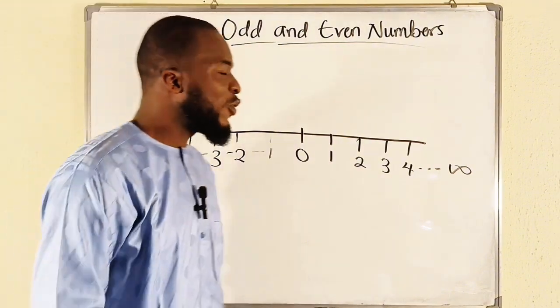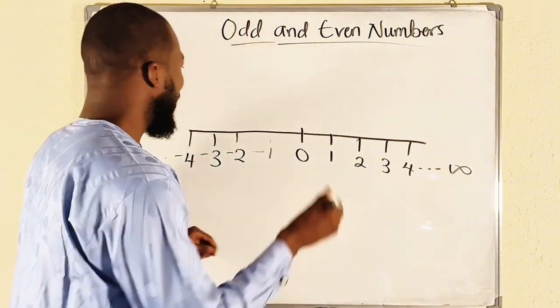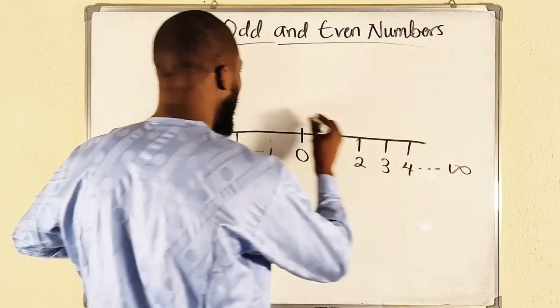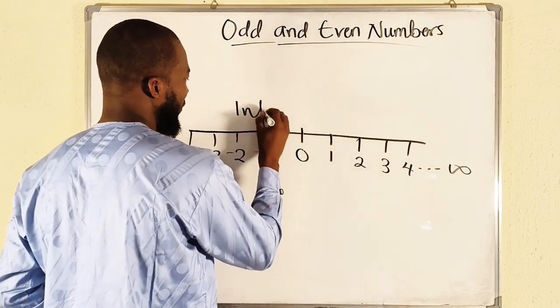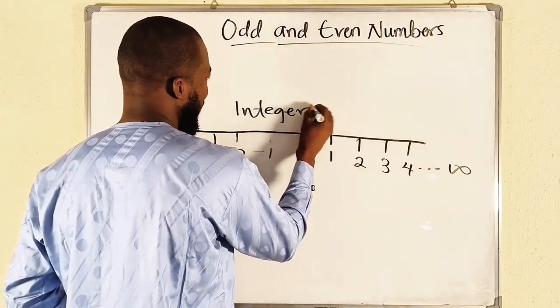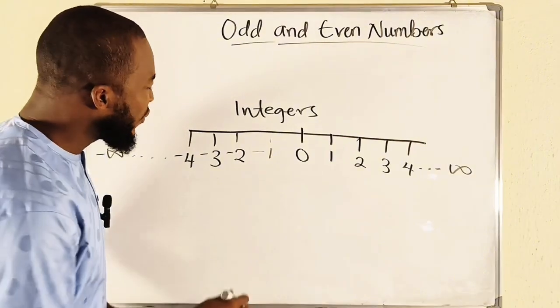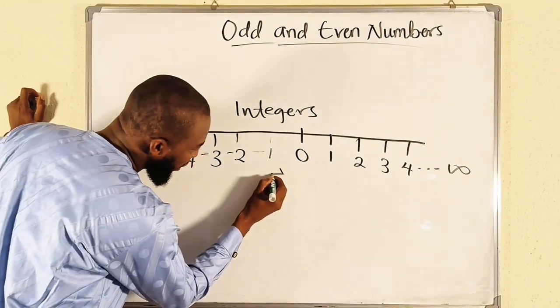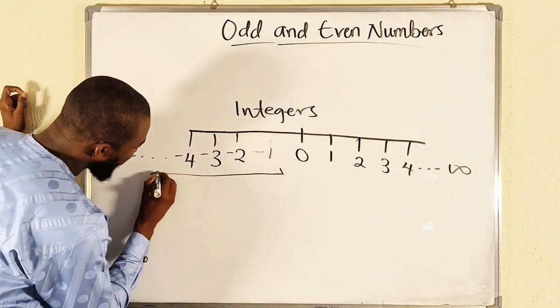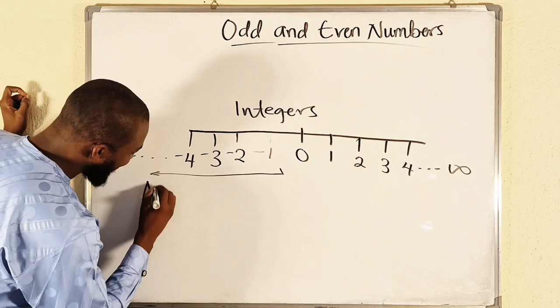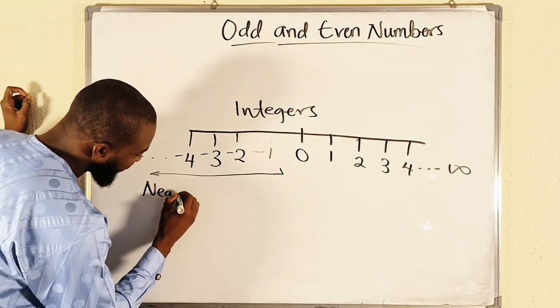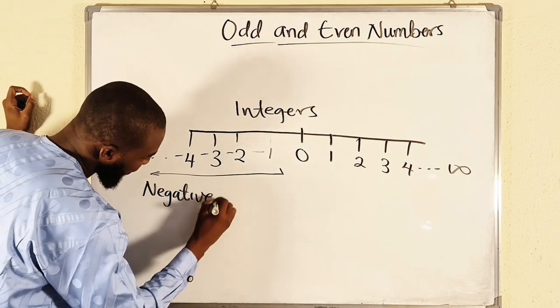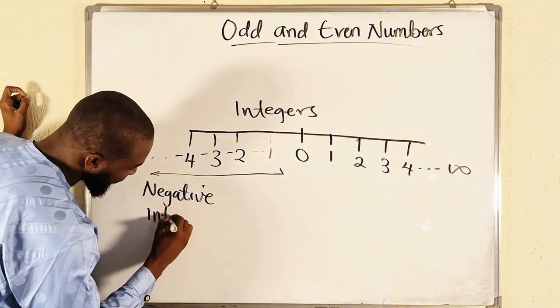Okay, so remember I told you that all what you are seeing here is what? Integers. And I told you that from this -1 to the left, all these numbers you are seeing are what? Negative integers.